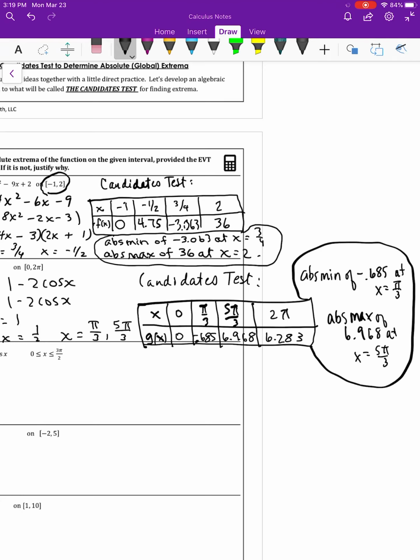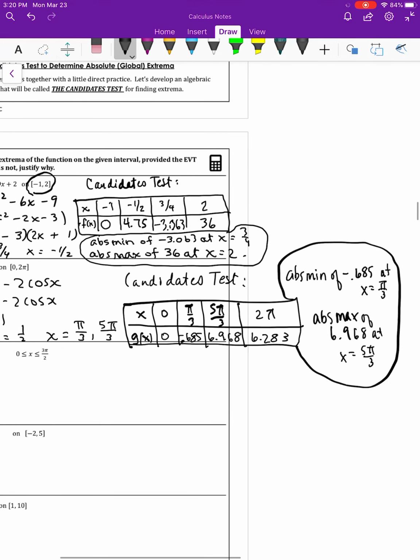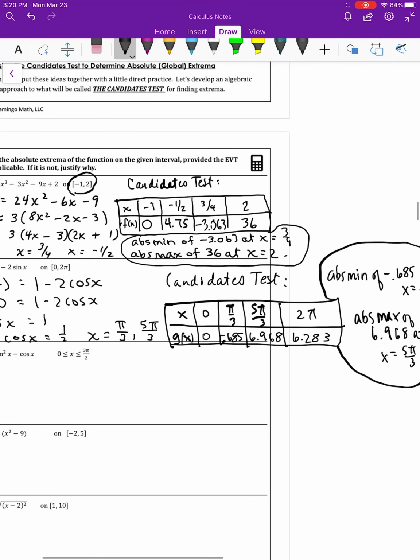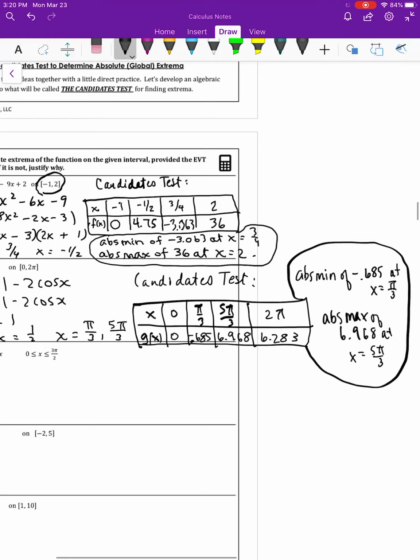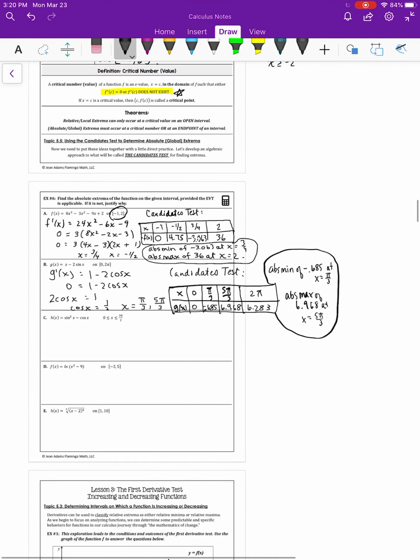Those are your absolute extrema based on your candidates test, and you found the critical points by using your derivative and setting it equal to 0.